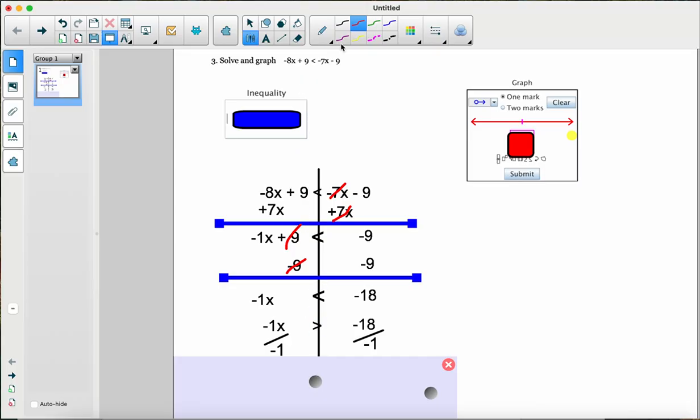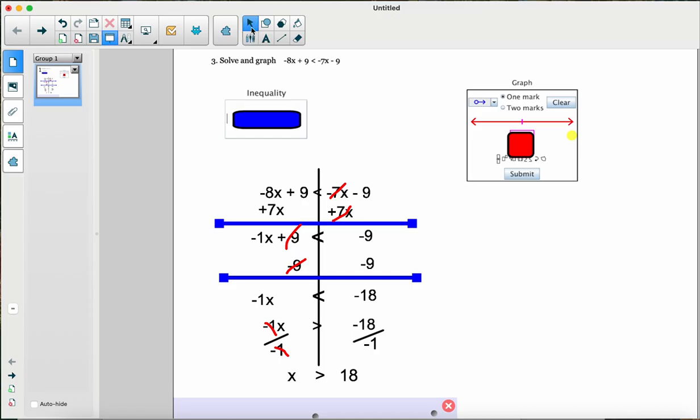All right, so at this point, we can cancel out that negative 1. So we're just left with x is greater than negative 18 divided by negative 1, which is a positive 18. So x is greater than 18. So therefore, our inequality is x is greater than 18.